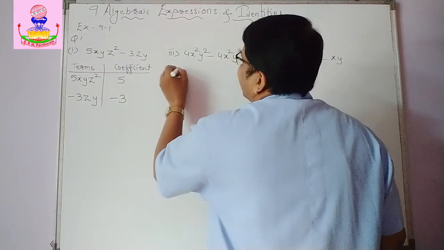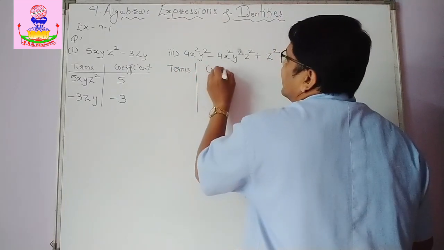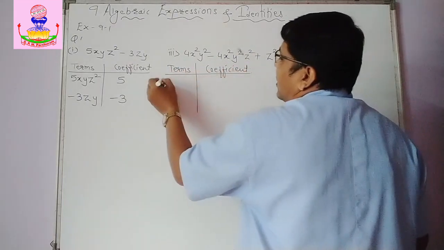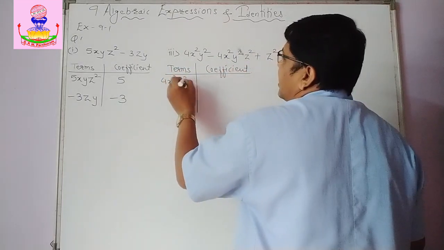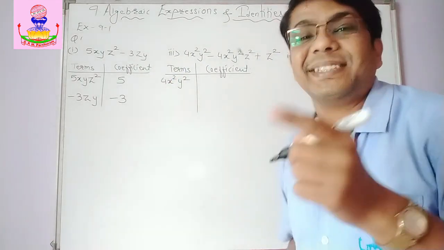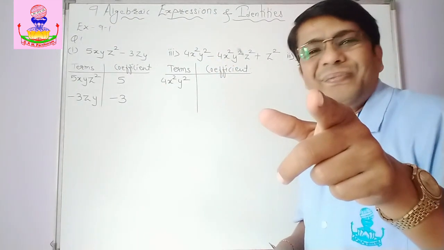So terms, okay, and coefficient. Okay, now, so first term 4x square y square, second term along with their signs. Don't forget that, because this minus is a naughty fellow.